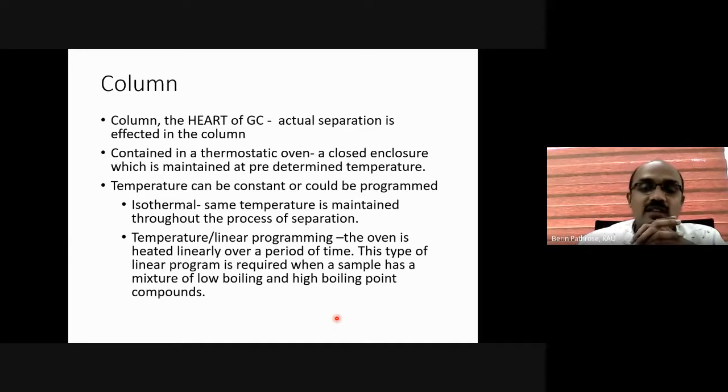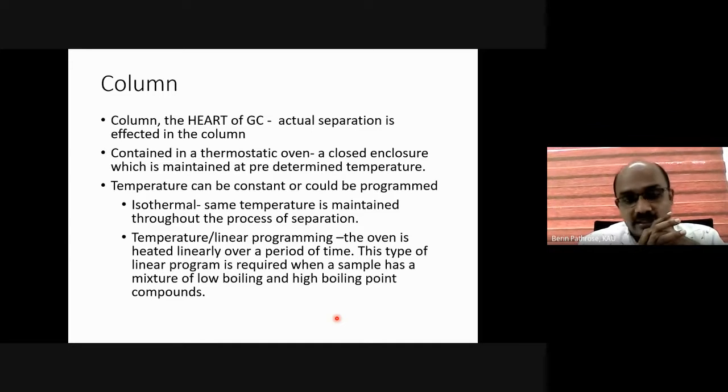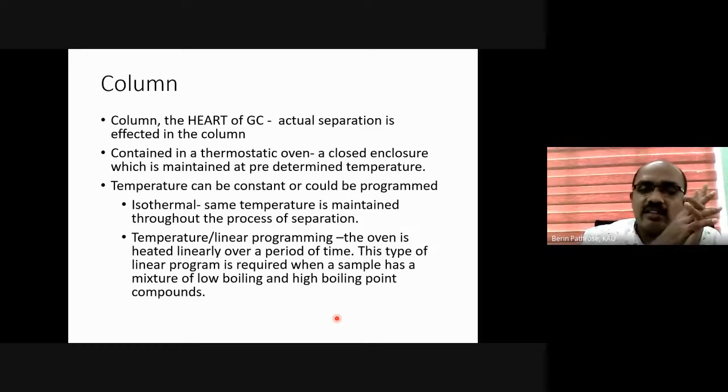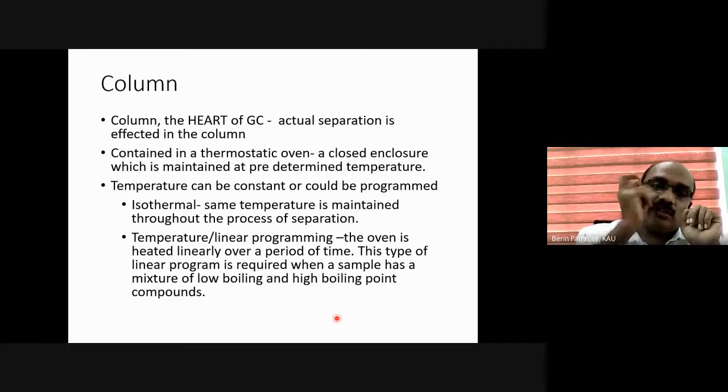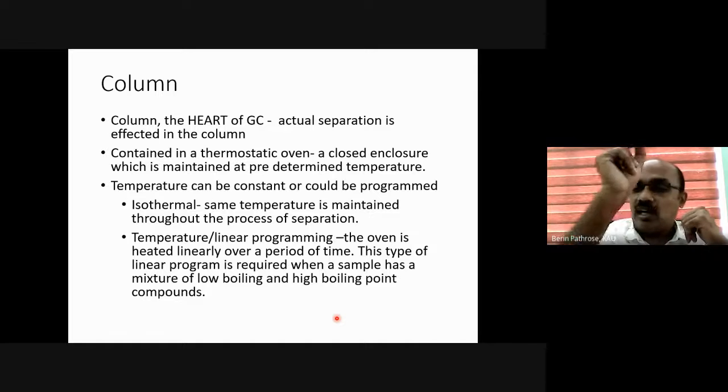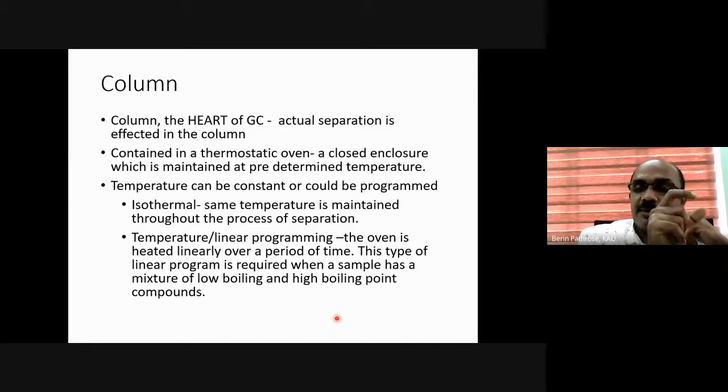Say you start the analysis at 100 degrees Celsius. You give a command before starting the analysis. Say your analysis takes 30 minutes. You give a command that up to 5 minutes, the temperature should be 100. After 5 minutes, raise the temperature to 150 and keep it at 150 for another 5 minutes.